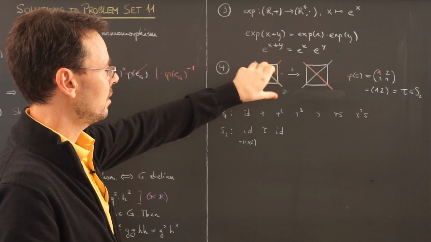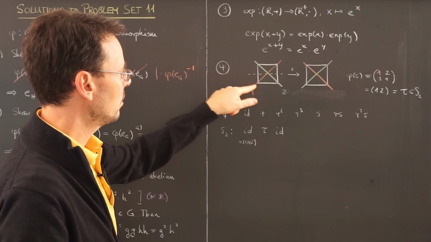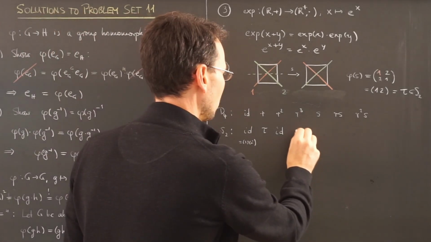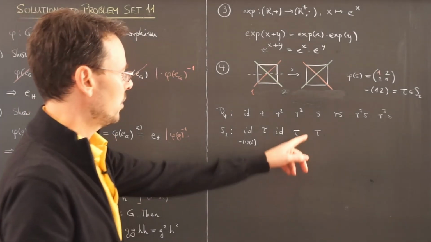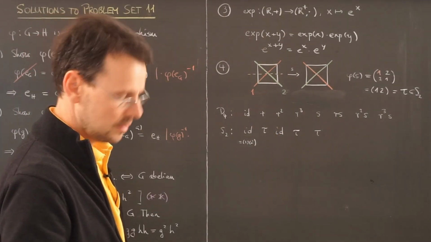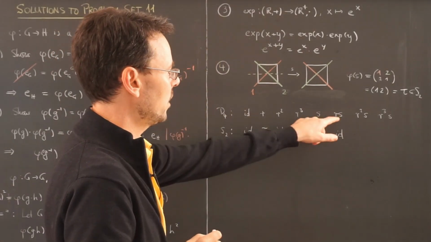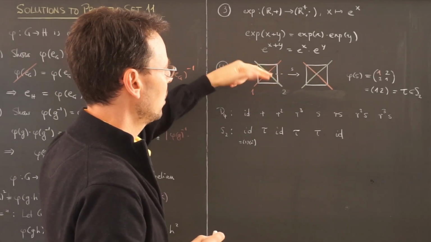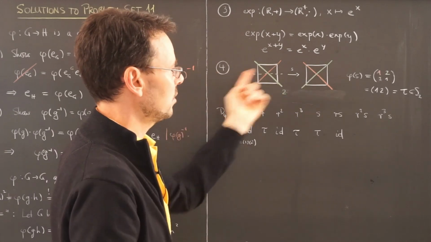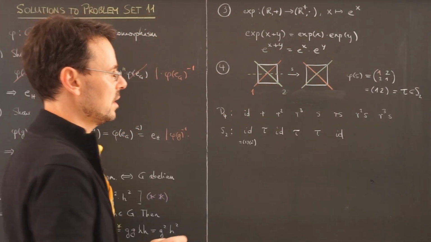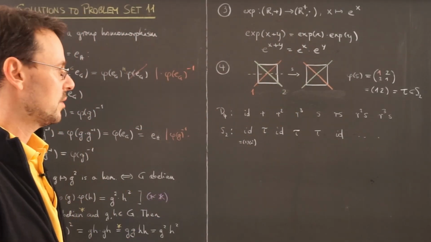And if I rotate by 270 degrees, then again the diagonals get mixed up, get swapped. Now here we already saw that this here is tau, and this here should be the identity. Why? Because if I swap the places and rotate by 90 degrees, nothing changes for the diagonals. So this is the identity, and so on. Do the last two cases by yourself.